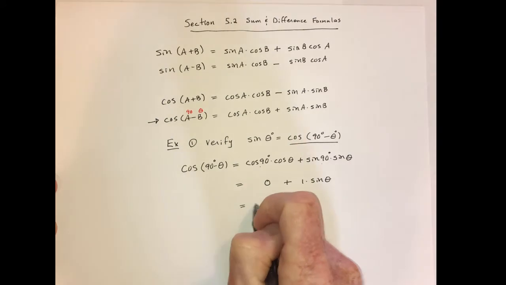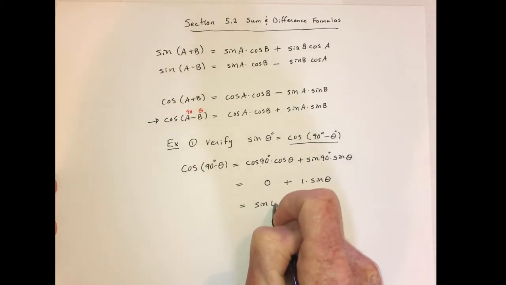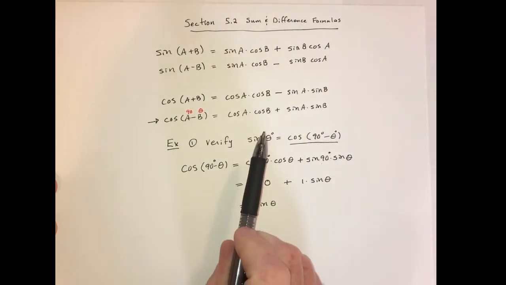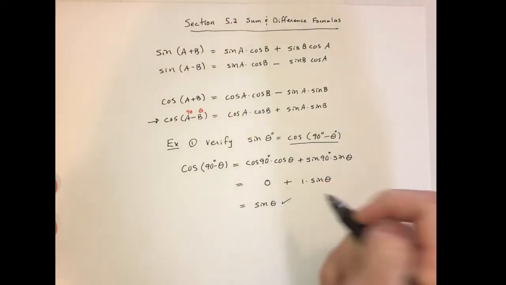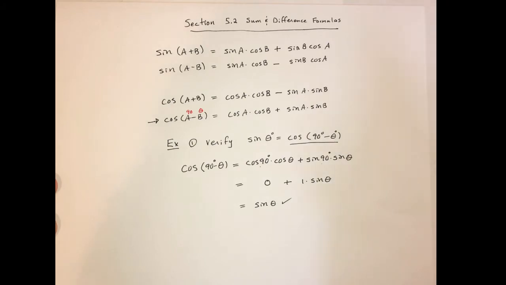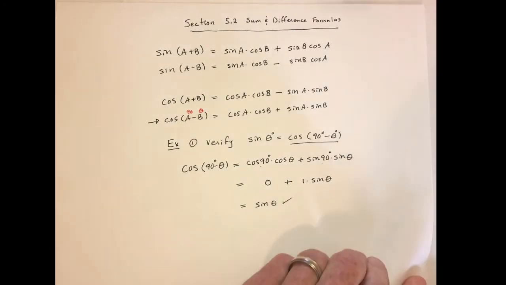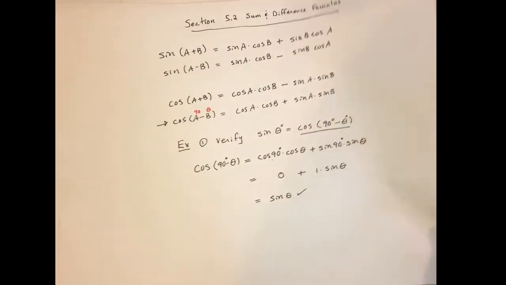And when you simplify that, it equals just sine of theta, which is exactly what that was saying we would get as our answer, which means we're finished. Number 1 is done. Then on to number 2.